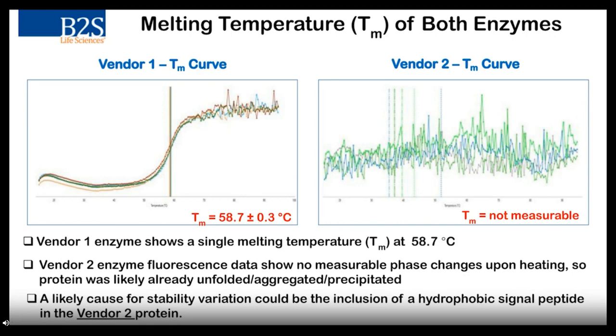So we don't get a real TM value for that. The melting point for the vendor 1 material was about 58 degrees C, and essentially what we concluded from examining the vendor 2 material was that it was likely unfolded or aggregated as received, which is consistent with the DLS data.